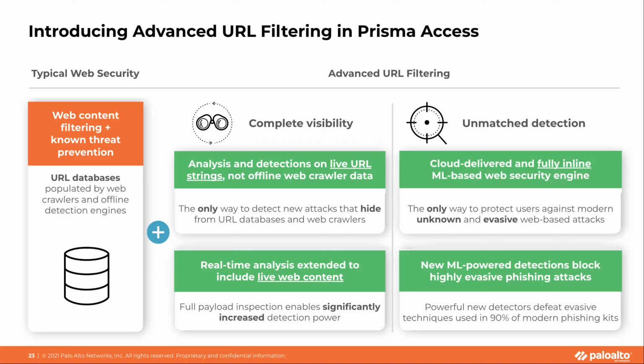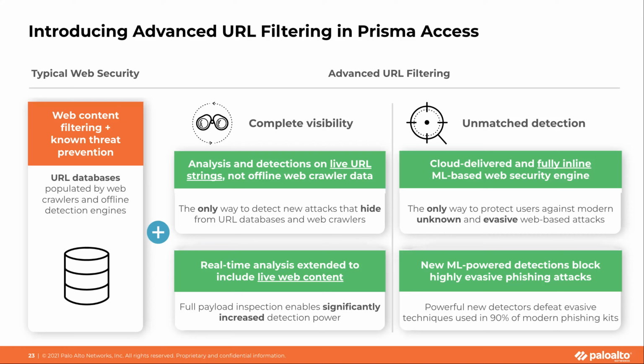We do this inline, and we send a lot of the workloads to the cloud. We analyze those workloads and come back with a judgment in terms of what the security threat is. This is even live web content. We are sending full payloads to significantly increase the detection power.